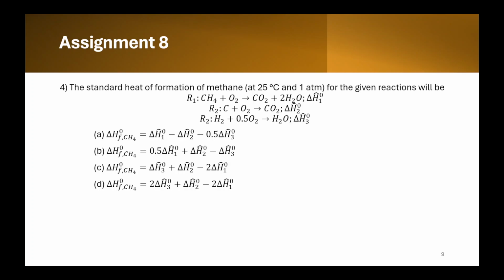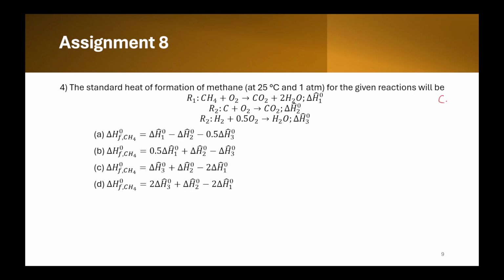Next question. The standard heat of formation of methane at 25 degrees Celsius for the given reactions will be. So the standard heat of formation of methane we need to compute. The heat of formation of methane is from its elemental components.